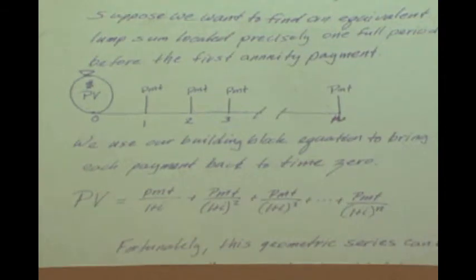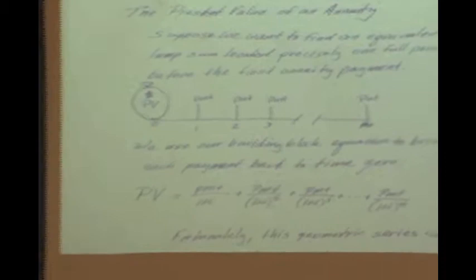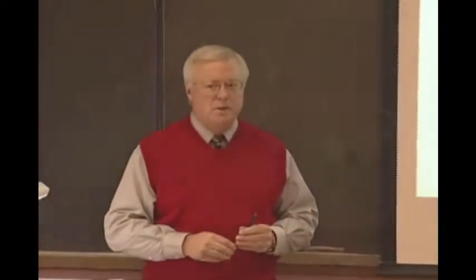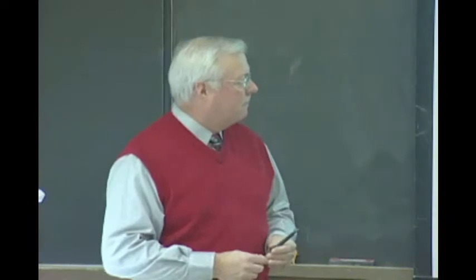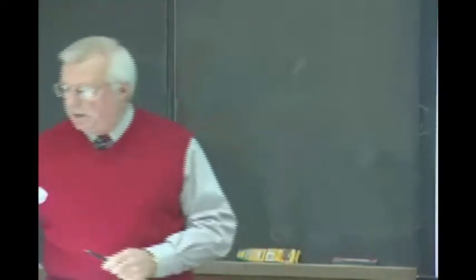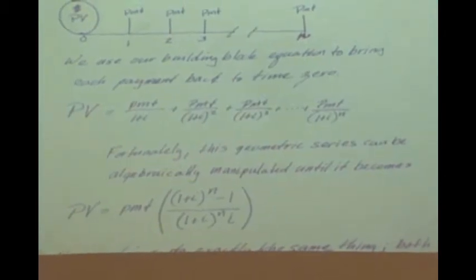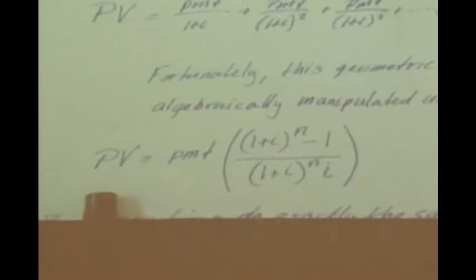Now, if n is very large, that equation can be lengthy. A 30-year monthly payment mortgage, for example, would have 360 payments. Fortunately, there's a way that we can manipulate this geometric series until we make it a closed form equation of this form.